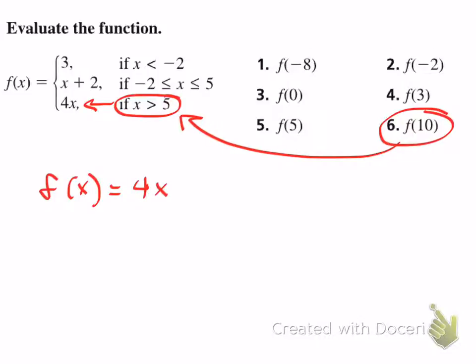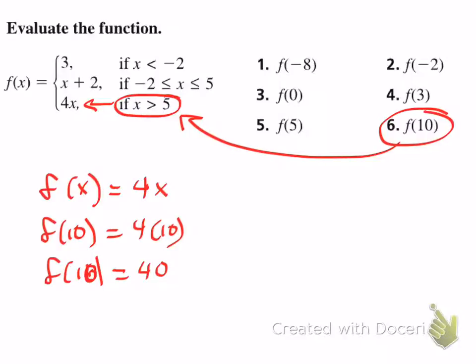And because it's 10, I have to go with the equation that matches that domain restriction. I just look straight to the left. Okay? So now I'm doing the f of 10 equals 4 times 10. And the f of 10 equals 40.